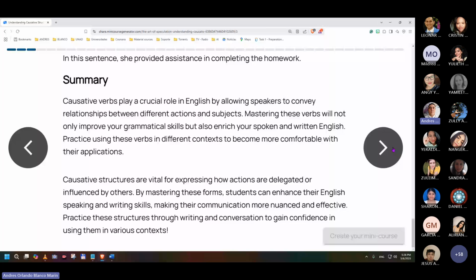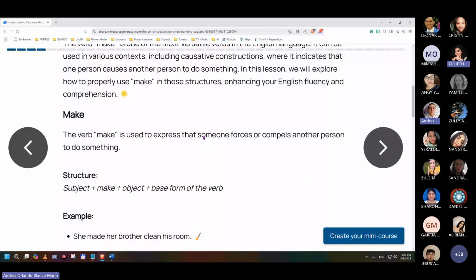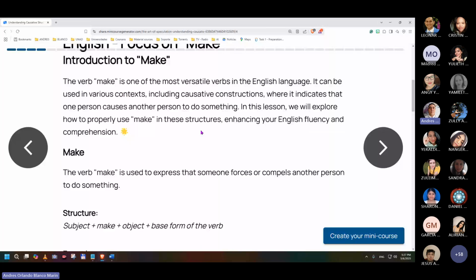So let's see more examples with make, have, and get. And the first one will be make, because make is a very versatile verb in English. You can have lots of phrasal verbs with make, but here we're going to use it as a causative verb.